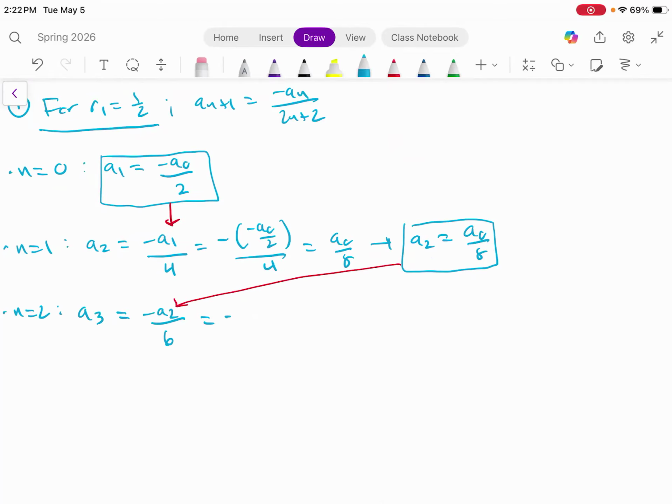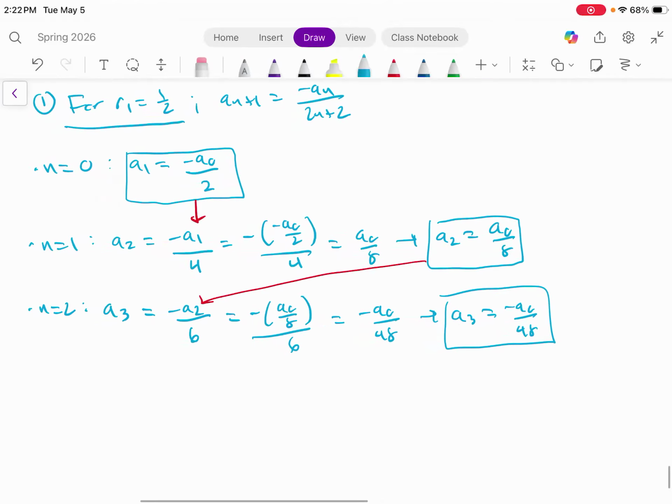That means I get negative a naught over 8 all over 6, so I get negative a naught over 48. So a3 is negative a naught over 48. Let's just stop there. I think the next a4 term will just be a very big denominator. I think we're good with just a3.